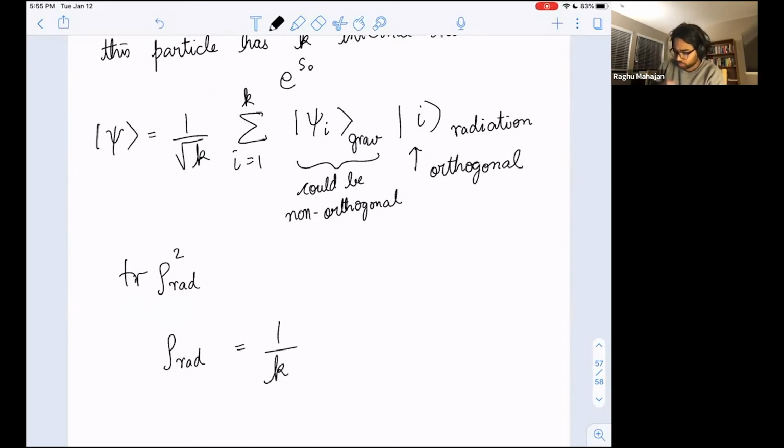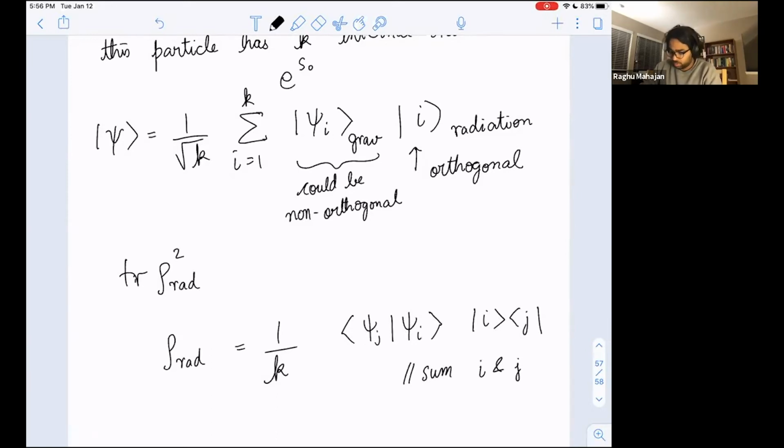What that gives us is 1 over k, sum over i and j, of the inner product of psi j and psi i. I'm going to omit the sum. So this is the density matrix of the radiation, whose ij-th element is given by the inner product of these states, psi i and psi j, in the gravitational sector.